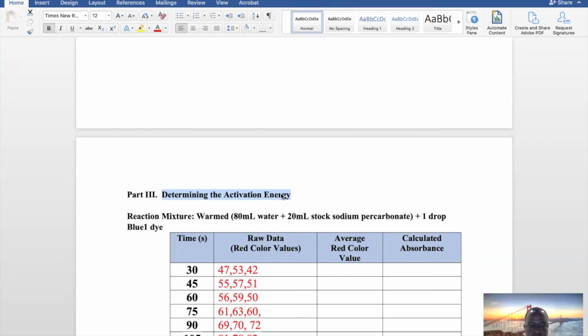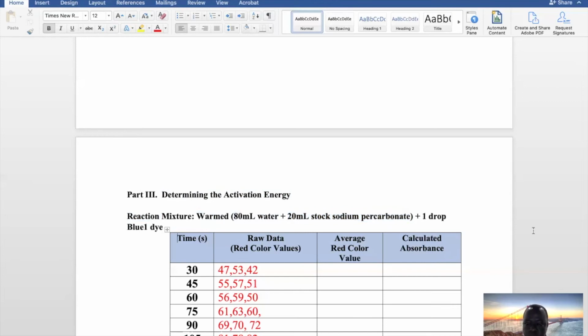Based on the handout, please read the instructions for part 3. For the reaction mixture, I had warm water at around 50 degrees, this amount of distilled water, and 20 ml of the same stock solution from part 1, and 1 drop of blue dye.